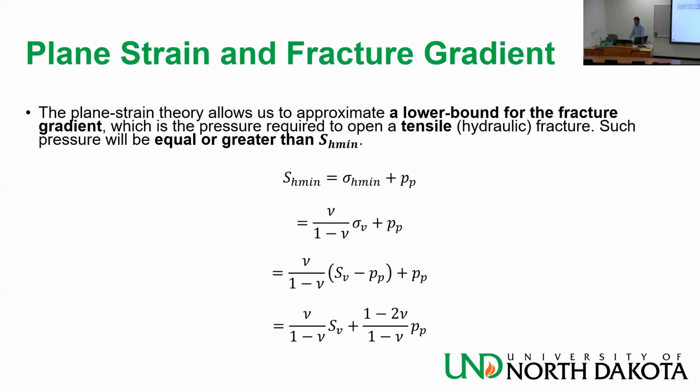So it's confusing. The plane strain theory allows us to approximate a lower bound for the fracture gradient, which is the pressure required to open a tensile hydraulic fracture. Such pressure will be equal or greater than SH mean. So that's only for a normal faulting gradient. Or strike slip. Oh yeah, because both have the smaller S3, yeah.